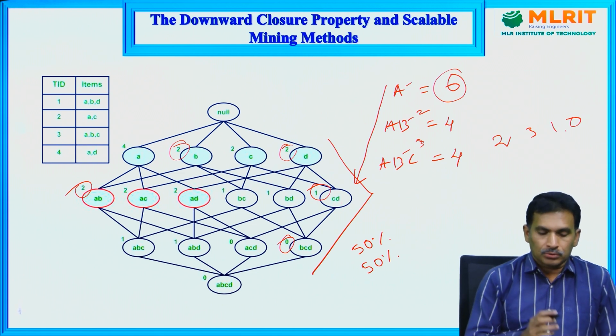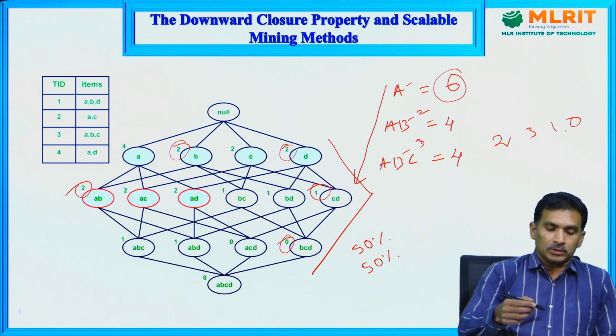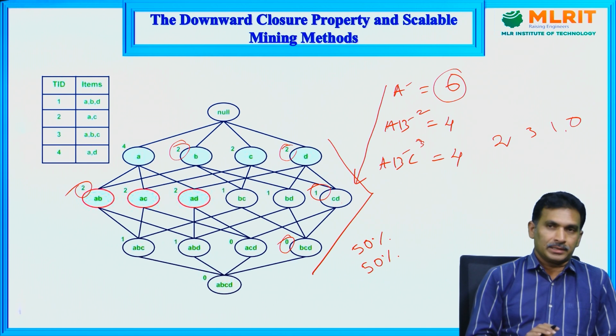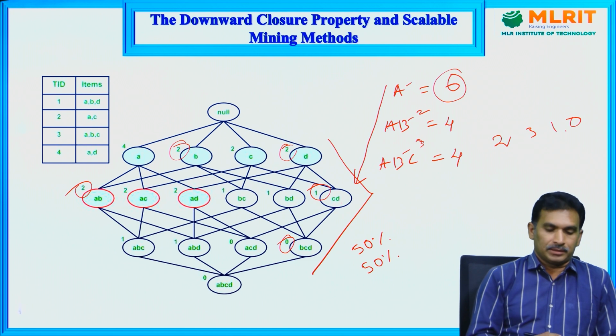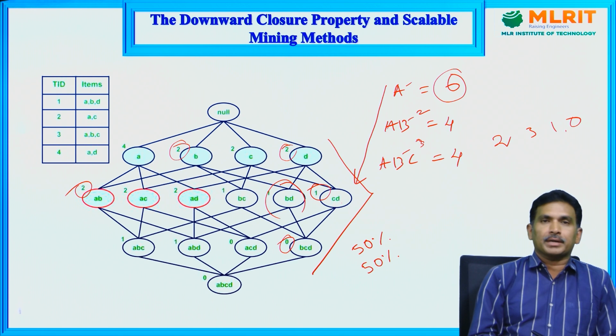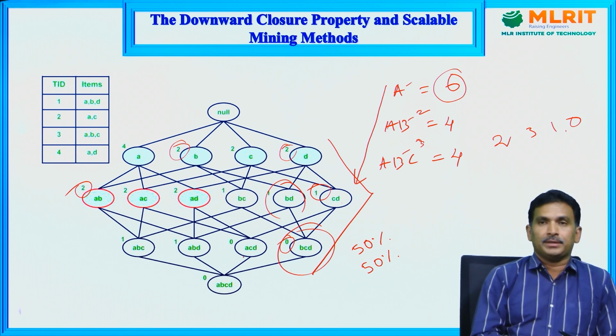Due to this property observed among the item sets, if any item set is not a frequent item set, then there is no need to check its super item sets. Suppose BD is not a frequent item set, then there is no need to verify its super item set BCD.